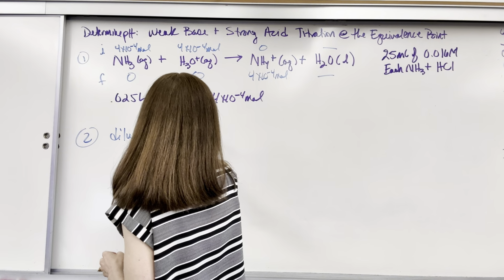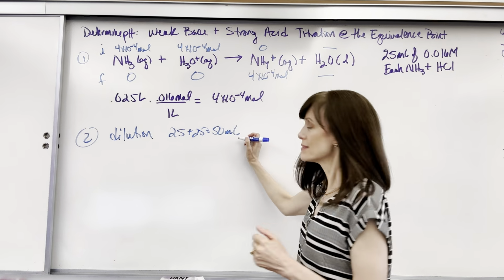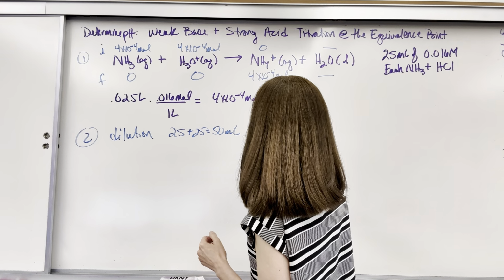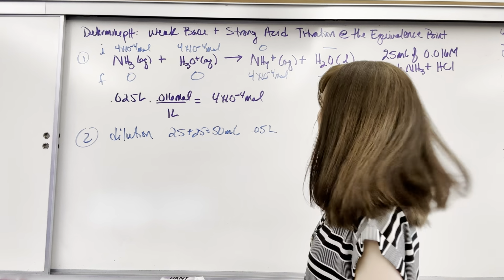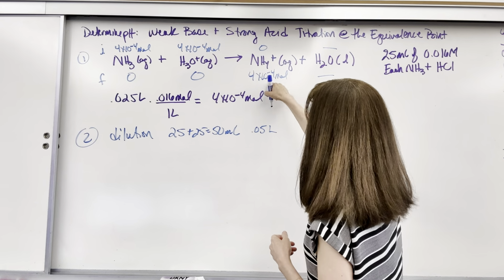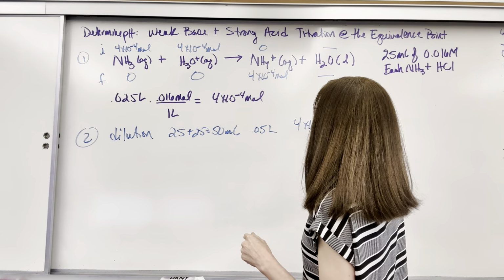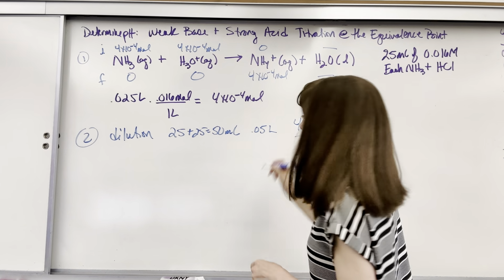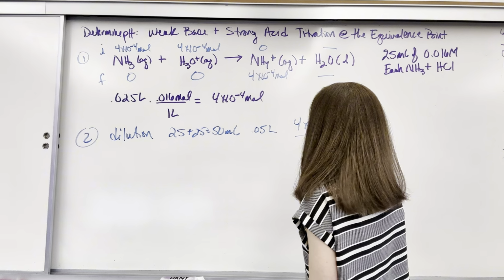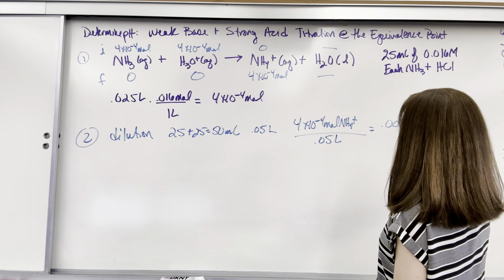So write it down, 25 plus 25 gives me 50 mL, which is our 0.05 liters. So now we can find the new molarity. I'll simply take these moles, 4 times 10 to the minus 4 moles of the ammonium, and divide it by my new volume, 0.05 liters. And that's going to give us 0.008 molar.